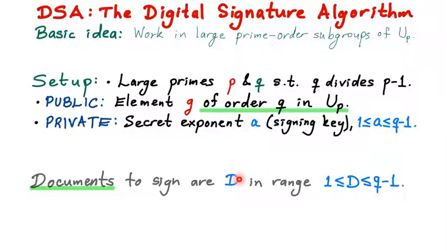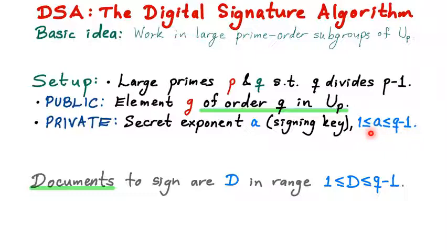What is going to be private, just as before, is a secret exponent. But unlike the case of ElGamal, the secret exponent is going to be an exponent for G, which has order Q. And for that reason, the secret exponent should be between 1 and Q. Obviously, exponent equal to Q is really bad because G to the Q is equal to 1.